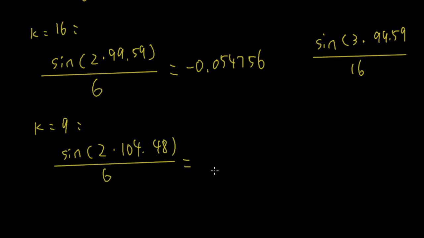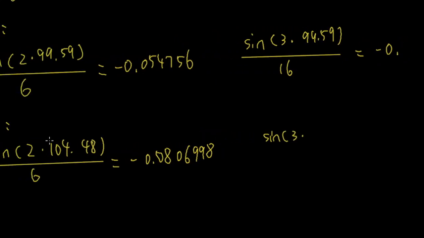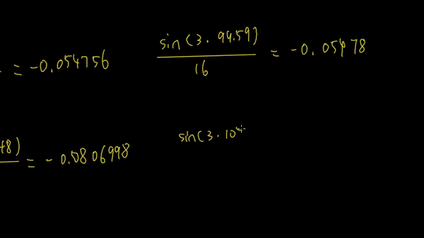That's the left side of the equation, and that gives you approximately negative 0.0806998. Now, for the right side of the equation, sine 3x over k, so sine 3 times 104.48, well, that's an approximate value only, divided by k. k in this case is 9. That would give you approximately negative 0.0806998.